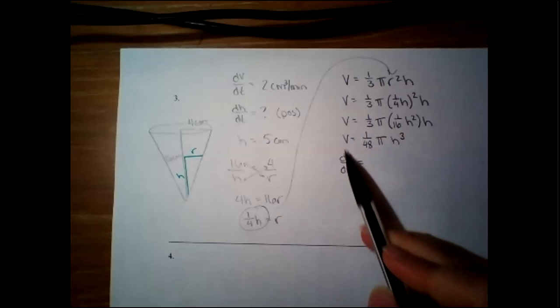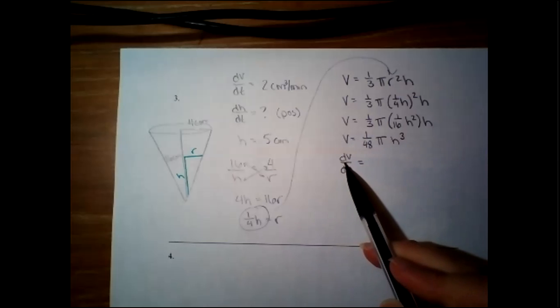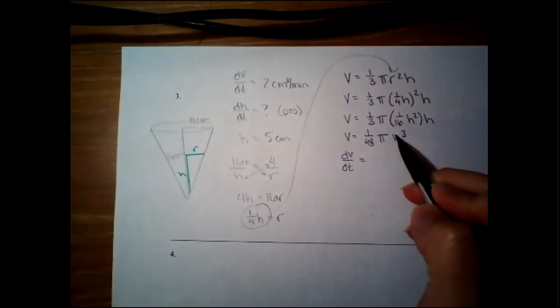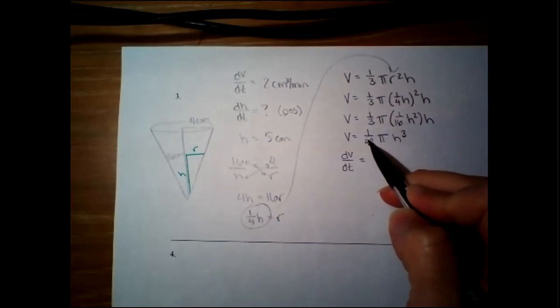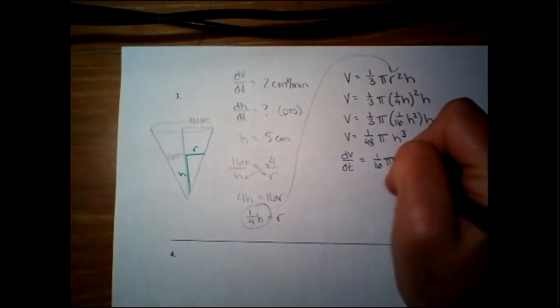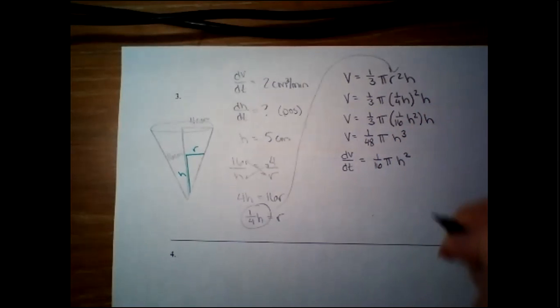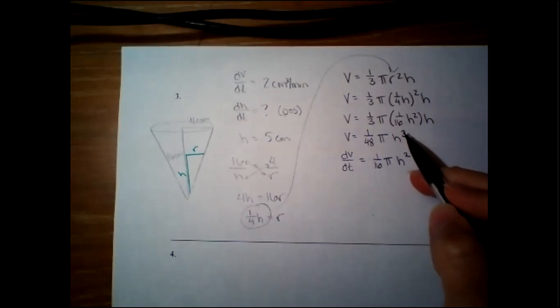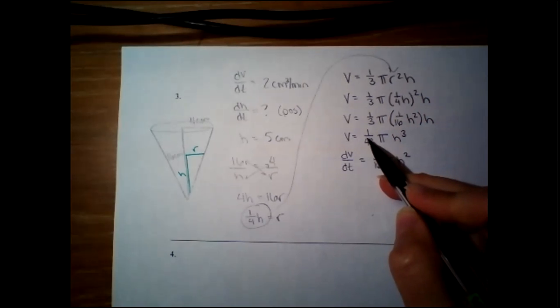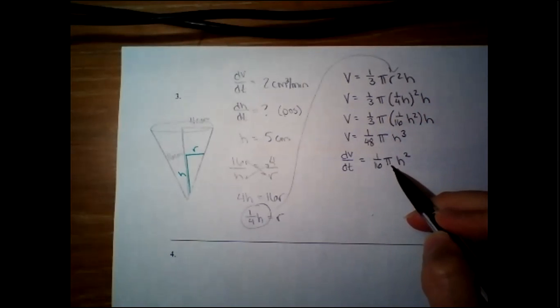So derivative of v is dv dt. And then here we're going to bring the 3 down. So that would be 3/48. You can write 3/48 if you want, but that would be 1/16 pi h squared. Again, power rule, you're going to drop a degree. So I brought the 3 down. That was 3/48, which is 1/16 pi.